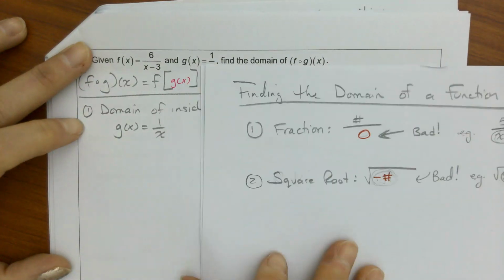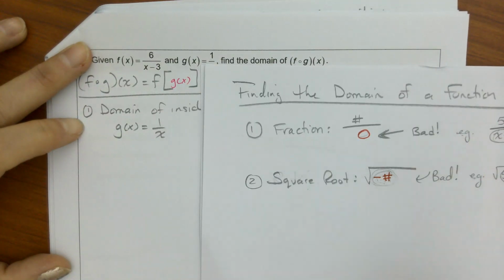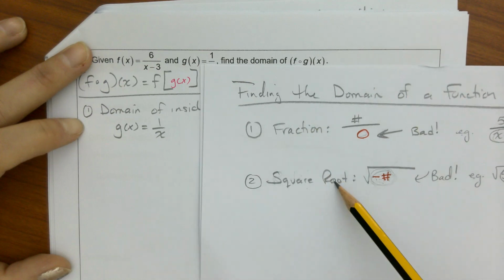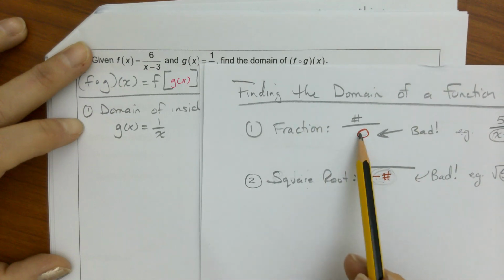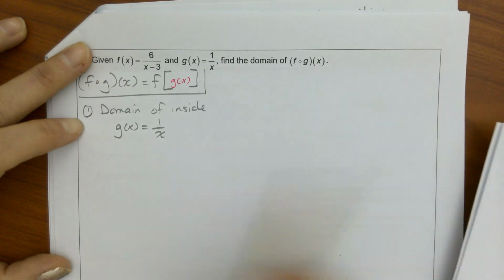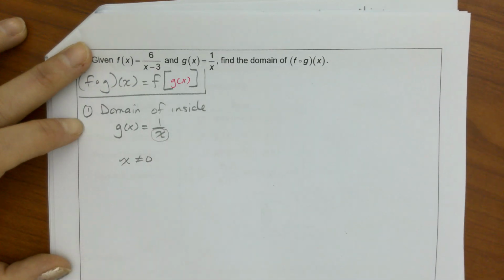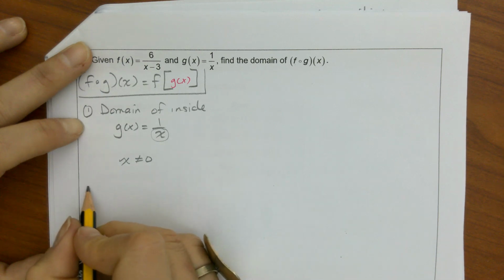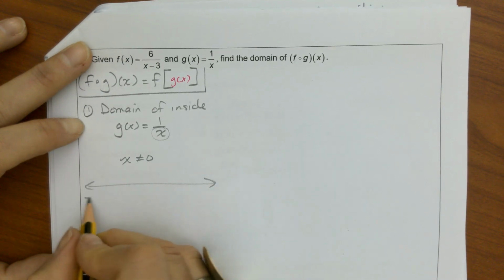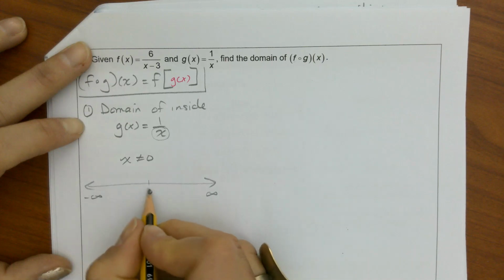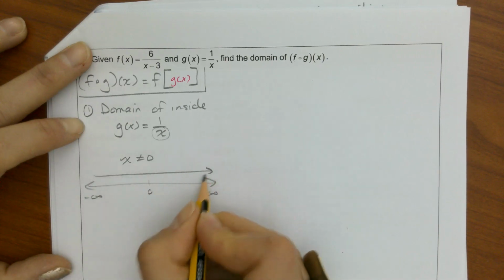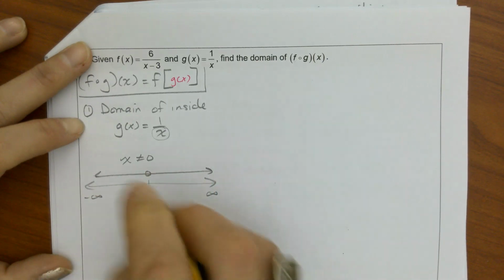Okay. So 2 places where I have restrictions are fractions and square roots. I can't have the bottom of the fraction equaling 0. So this cannot equal 0. So what does that look like? It really looks like here's negative infinity, infinity. All the answers are good, but there's a hole at 0.